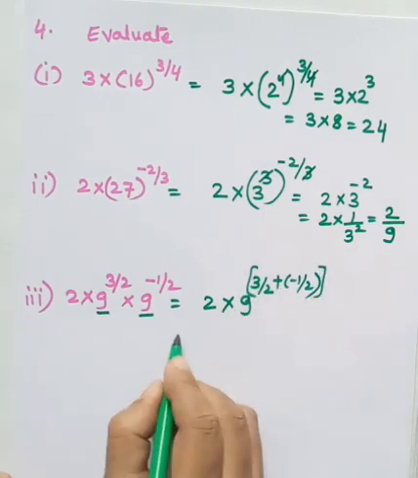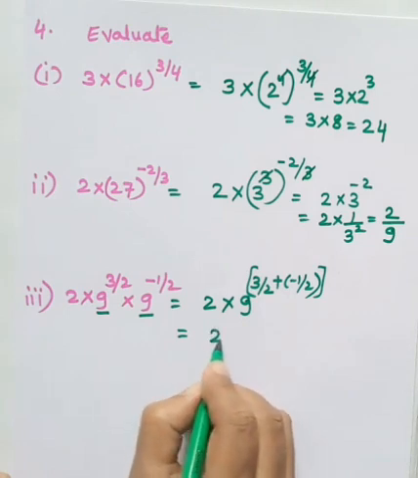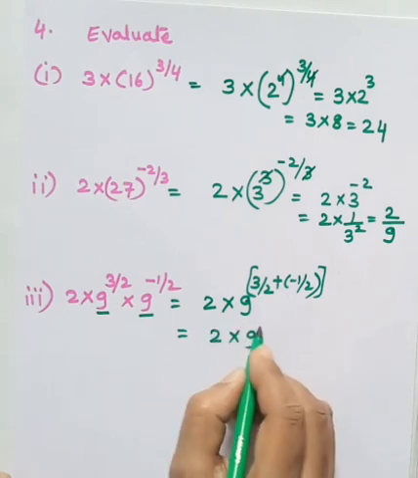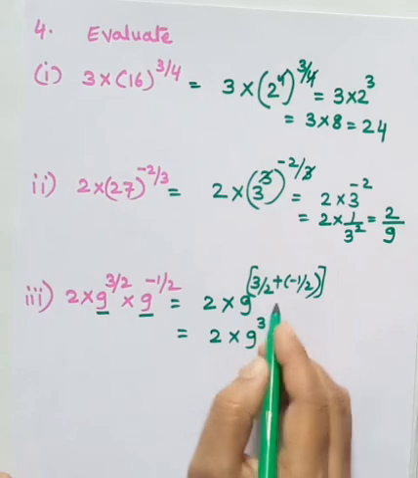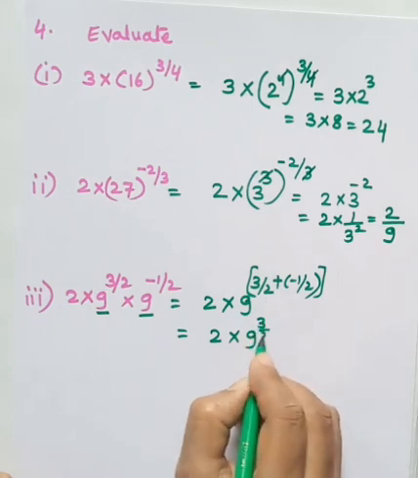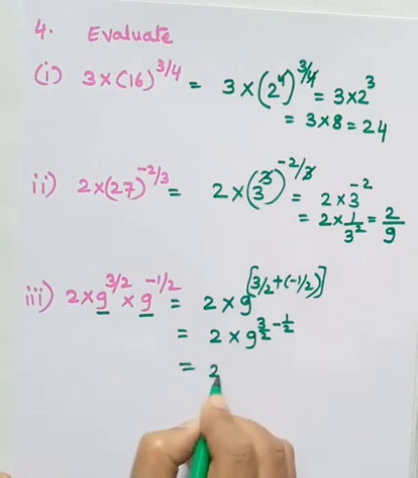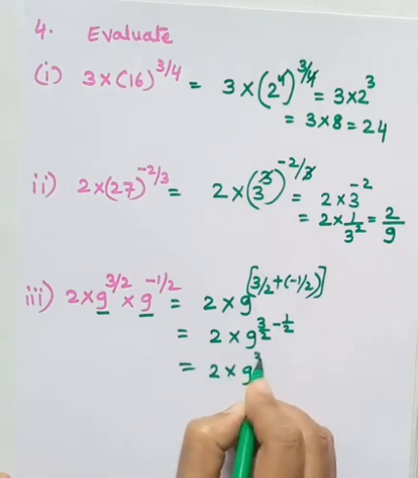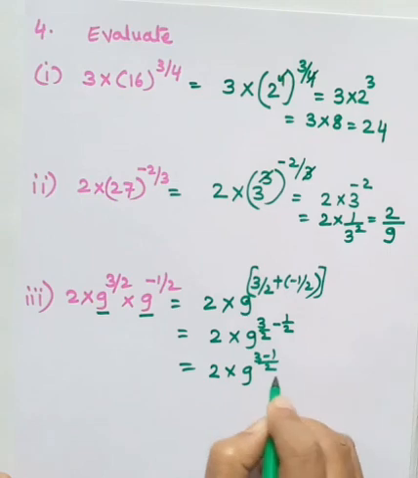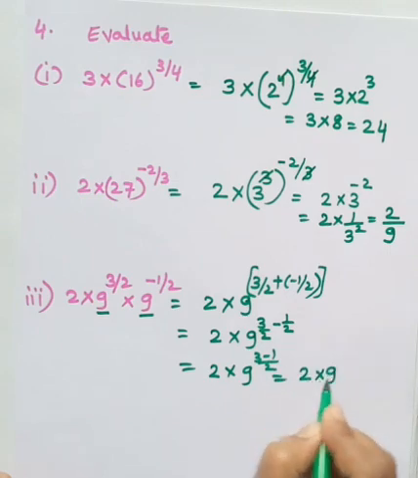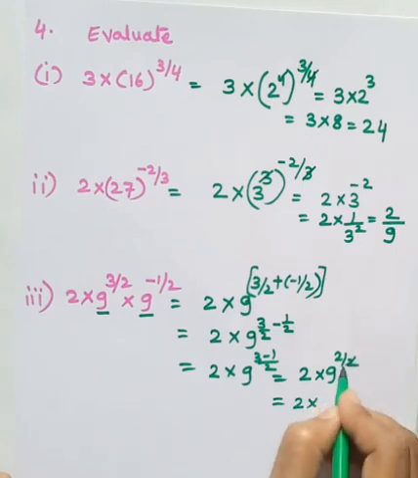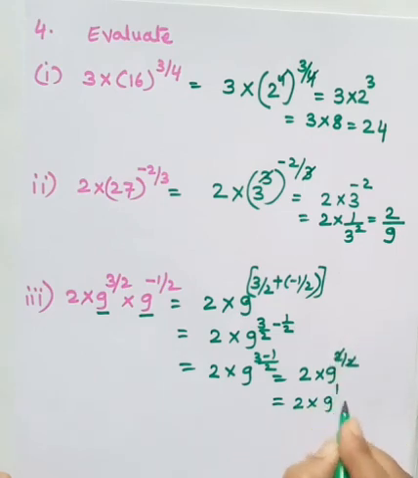So this will become 2 into 9 to the power 3 by 2 plus minus 1 by 2, so 2 into 9 to the power 3 minus 1 by 2. That will be 2 into 9 to the power 2 by 2. The 2 and 2 cancel, so 9 power 1. So this will be 2 into 9, that is equal to 18.